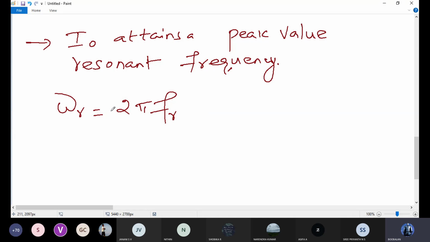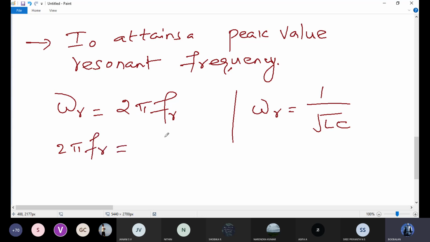Already you know that omega r, the resonance, is equal to 1 by root of LC. So 2 pi fr equals 1 by root of LC.